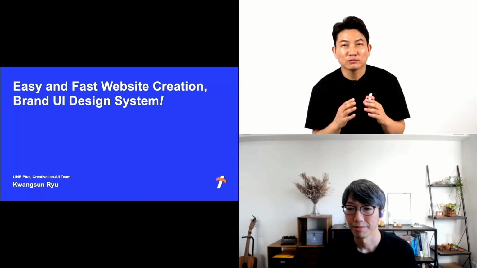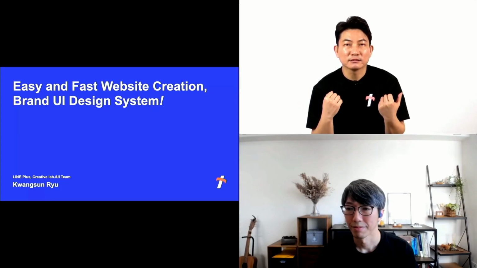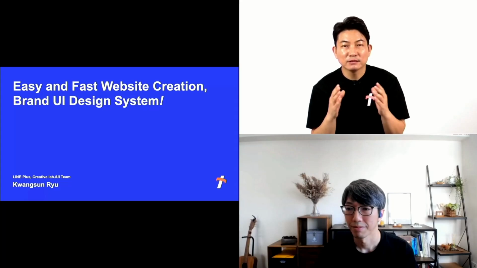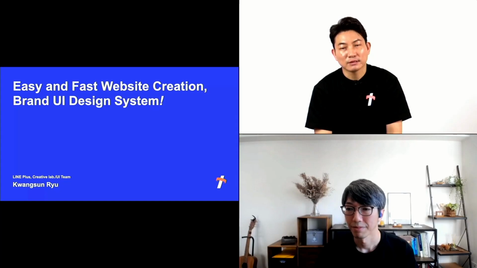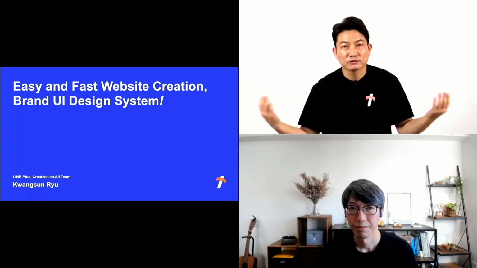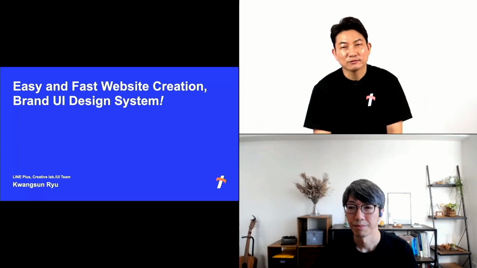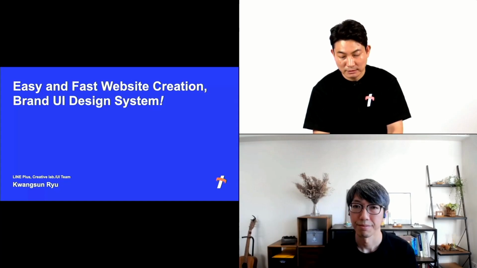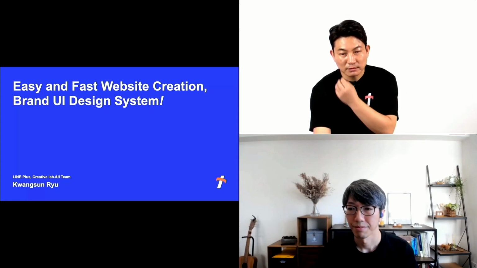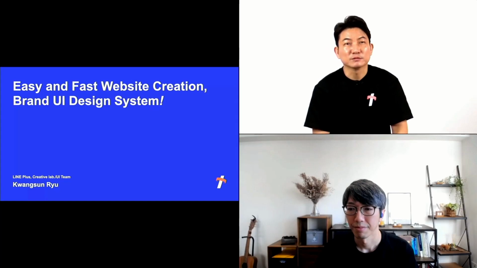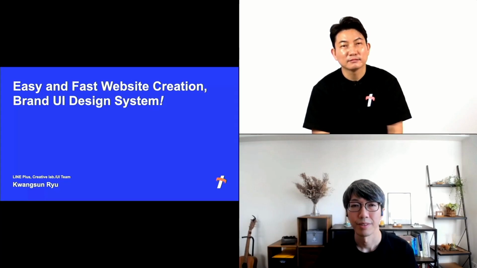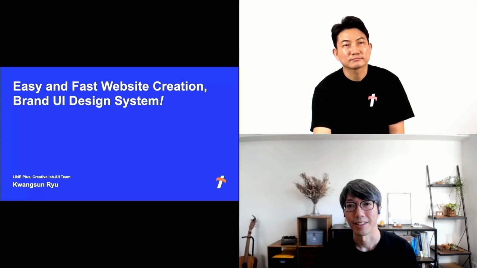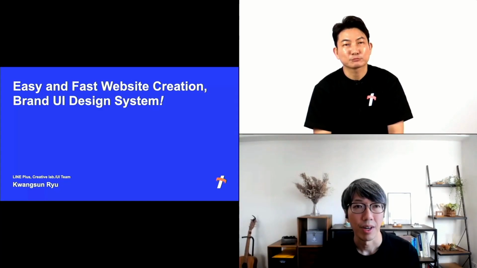We have a limited number of people. We created the design system, and we also needed to move ahead with the project. So throughout the year, it was not possible to concentrate only on the design system. That's the hardest thing for us. But our team members, as friends, worked together. So I am so grateful to them. I see. Thank you very much for your answer.